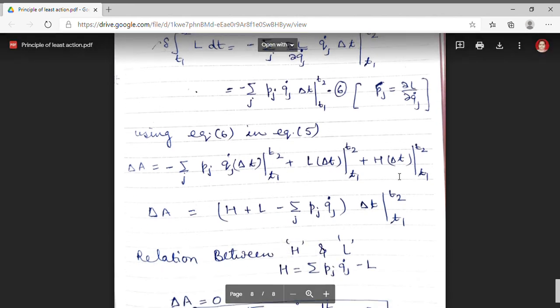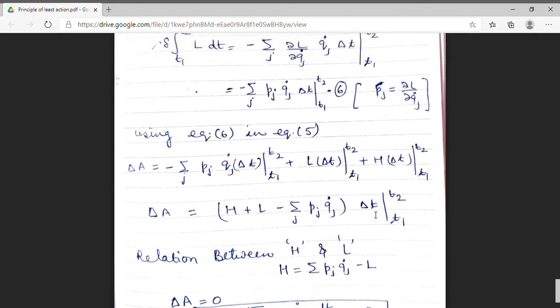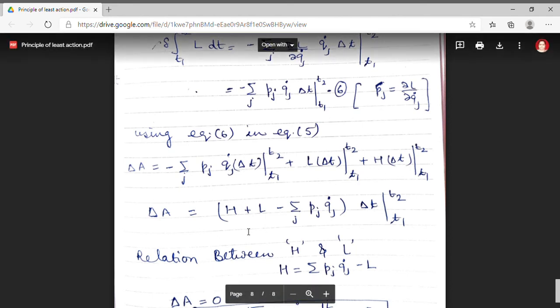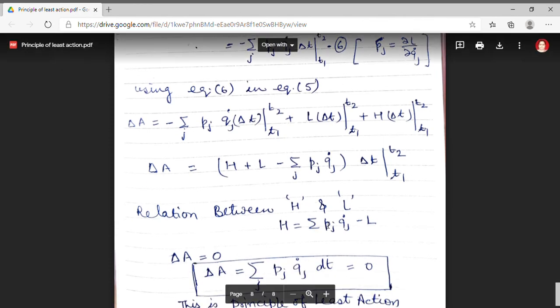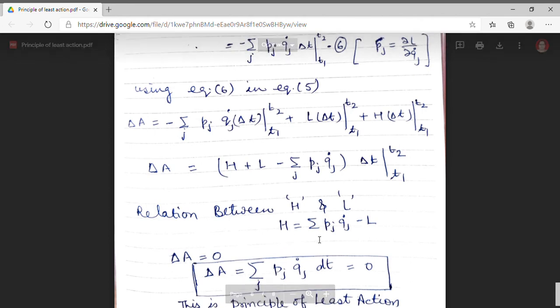Now I am taking δt as common in these three terms. I have taken it out common. The factors which are in the bracket are H plus L minus summation pj qj dot, and the limit is t1 to t2. The relation between H and L is H equal to summation pj qj dot minus L. Now we know that for action A, δA is 0.